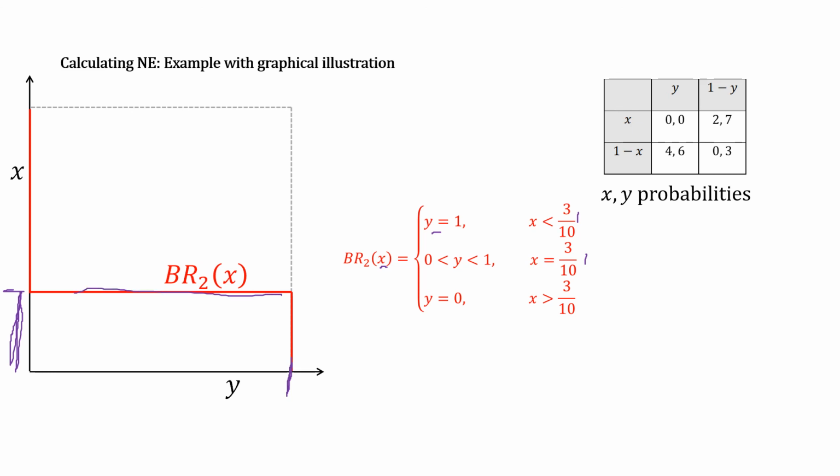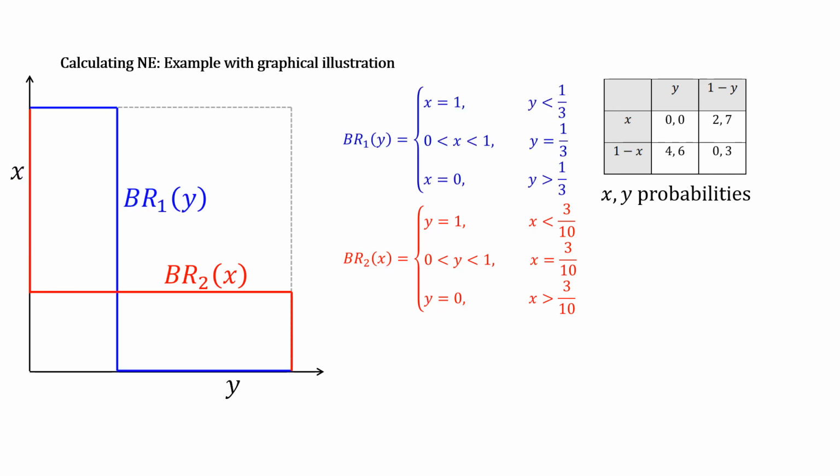So it's between 0 and 1. So I draw this horizontal line. And when x is between 3/10 and 1, then the best response is y equals 0. This is y equals 0, and this is y equals 1, of course. So this red curve is the best response of agent 2 to x.